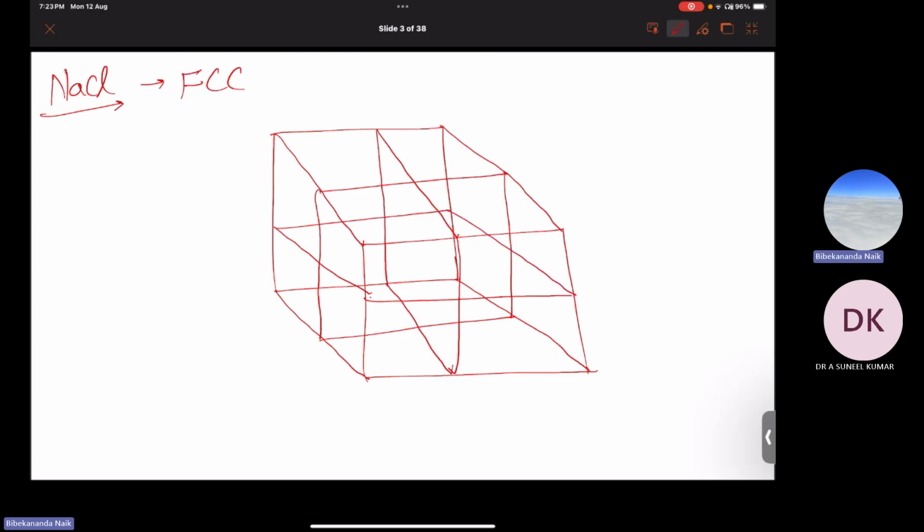It will be somewhat like this. So if you see, these will be the positions of Na.